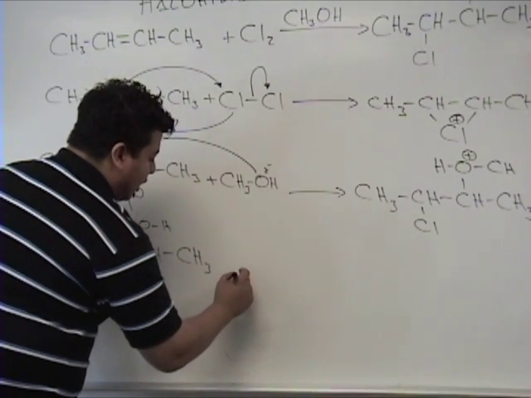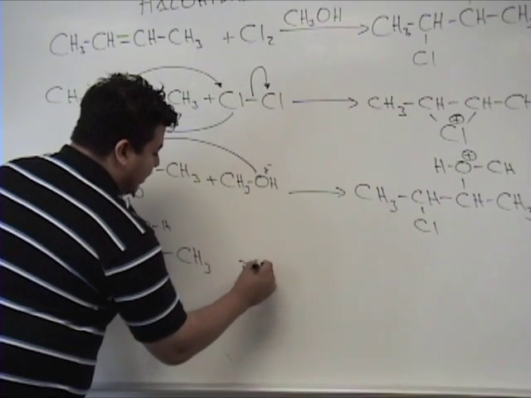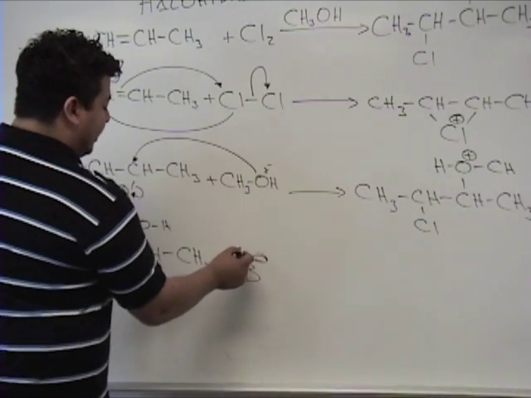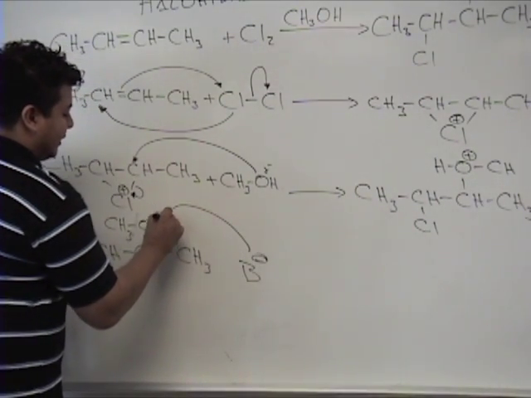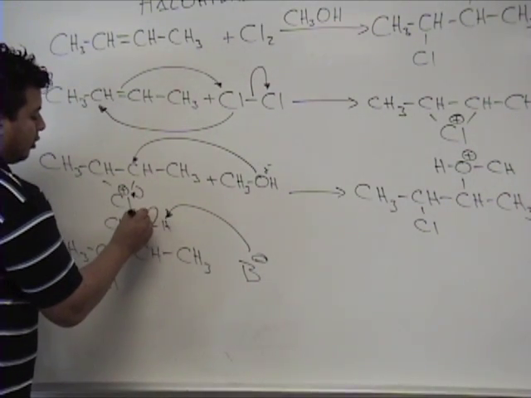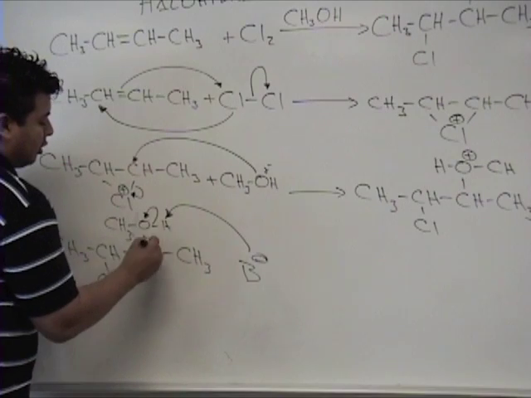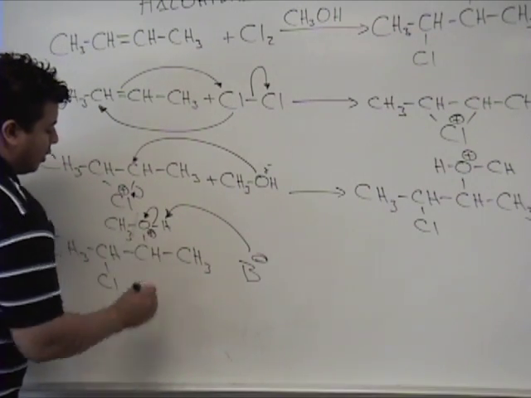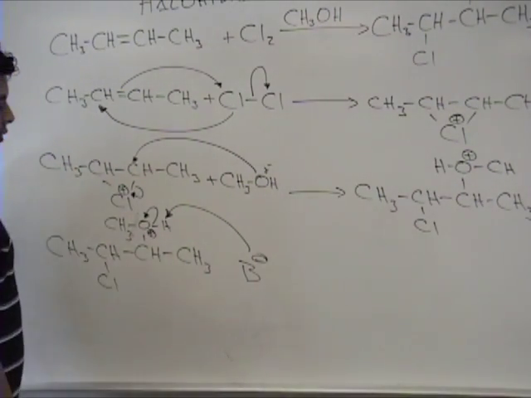So let's say the base comes, and the base is going to attack the acidic hydrogen, the acidic proton, and the electrons are going to go back to the oxygen that has a formal charge of plus.